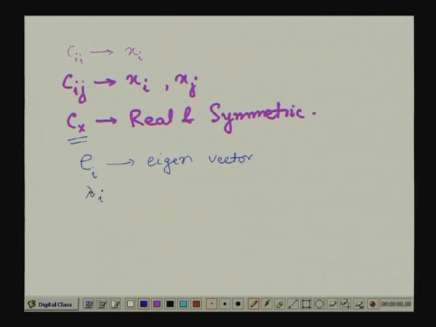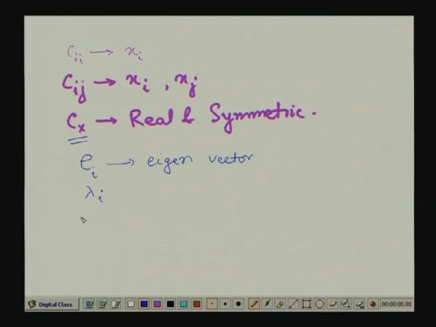We assume that these eigenvalues are arranged in descending order of magnitude. That is, lambda j is greater than or equal to lambda j plus 1 for j varying from 1, 2 up to n minus 1.